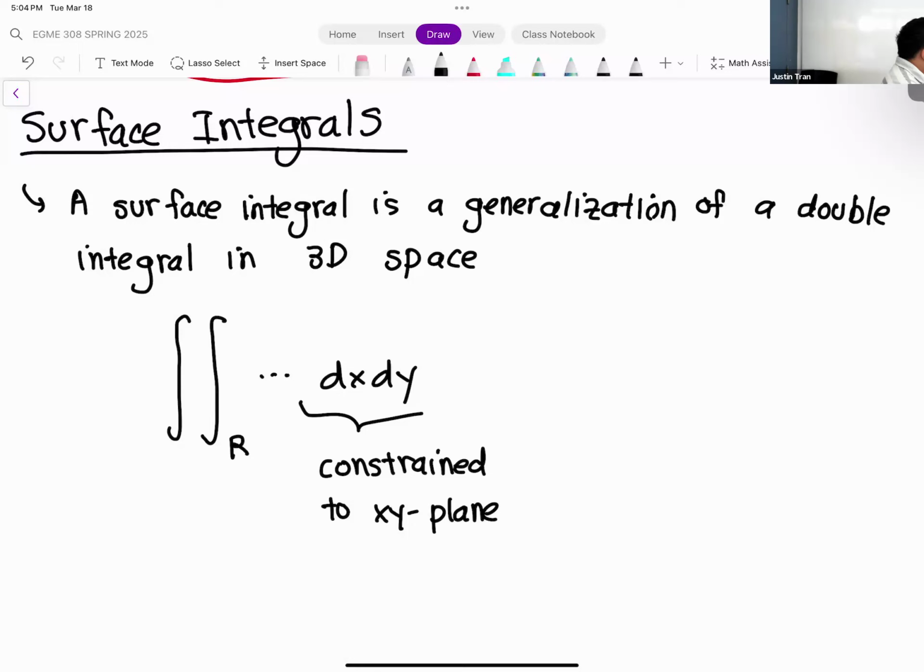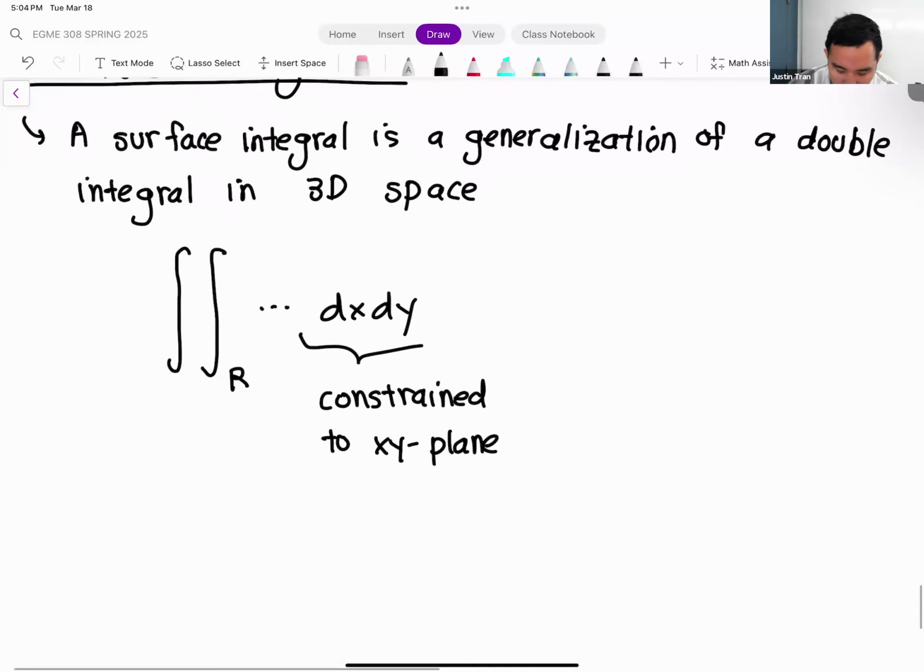It's possible in three-dimensional space to have two-dimensional surfaces, right? And these two-dimensional surfaces could be curved as well. So, for example, let's say that we have a curved surface like the surface of a cylinder.